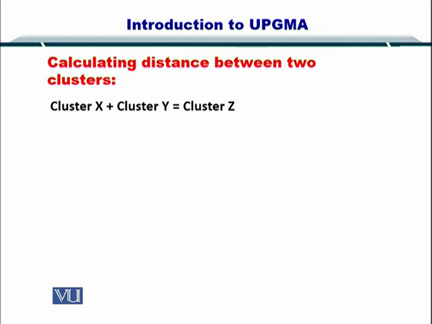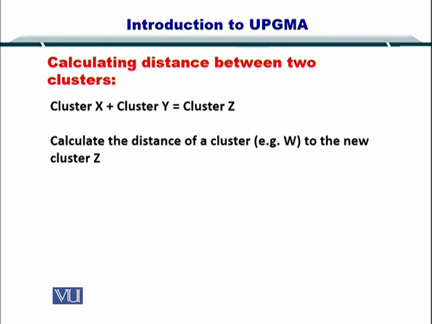In order for us to compute the distance between two sequences, we need to see what is the distance between those sequences. The distance can be calculated simply by a pairwise sequence alignment.